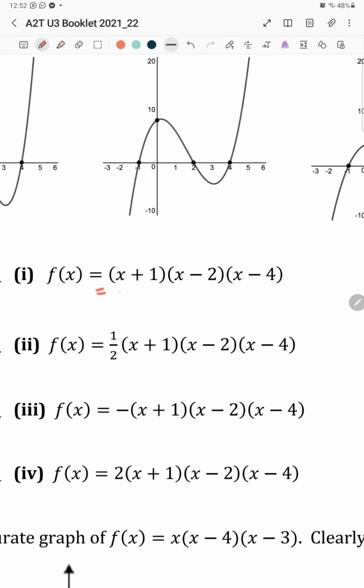So by putting x is equal to 0, we get 1 times -2 times -4, which is 8.